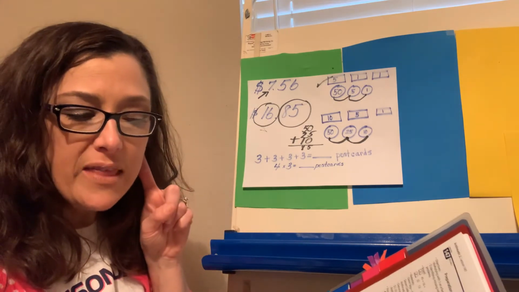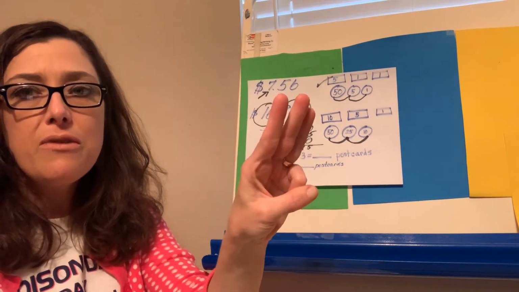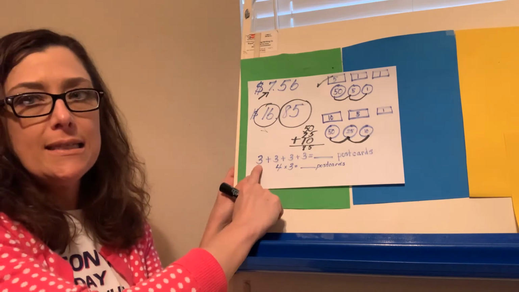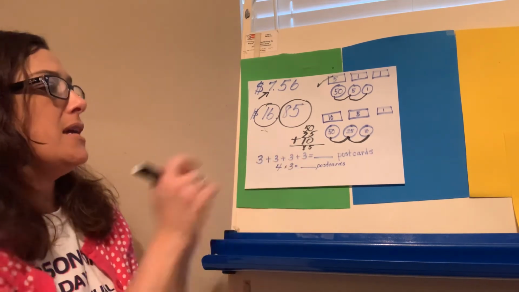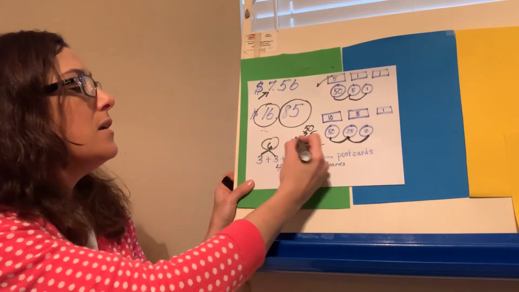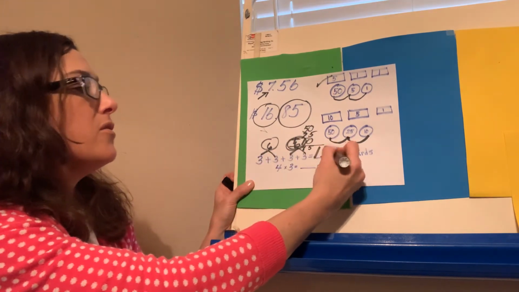If you heard in that story, there were 4 people, and each person bought 3. Now we could make that an addition sentence. 3 plus 3 plus 3 plus 3. We know 2 3s make 6. So now we have a double, 6 and 6, which is 12.